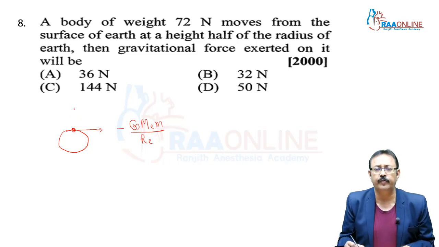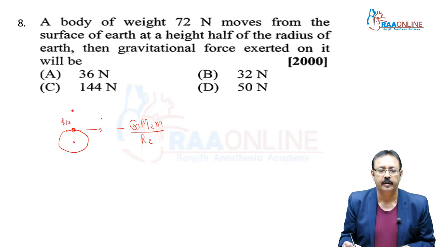When we move to a height equal to half of the radius of Earth, the distance from the center is 3R by 2. That was PE1.